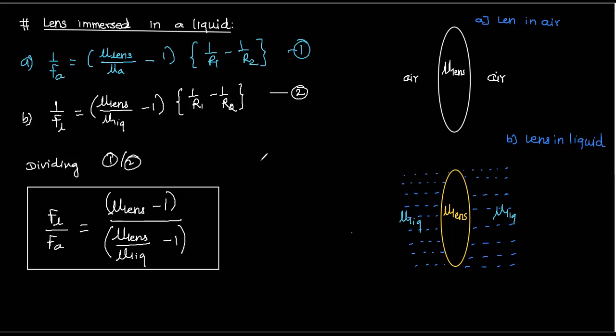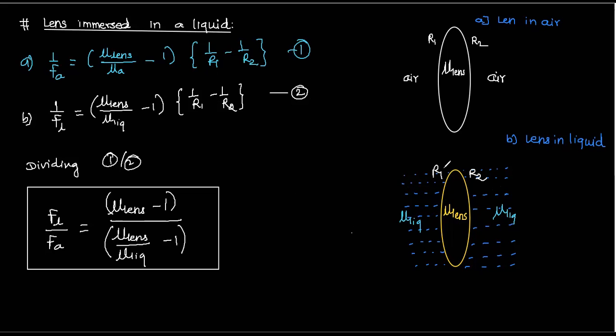Okay, so this is the case when a lens is immersed in a liquid. Whenever they ask you for the formula, or problems based on this, you should use sign conventions, and then you can solve the problems based on these models. For this surface it is R1, for this it is R2. You can consider that with sign convention. Clear?